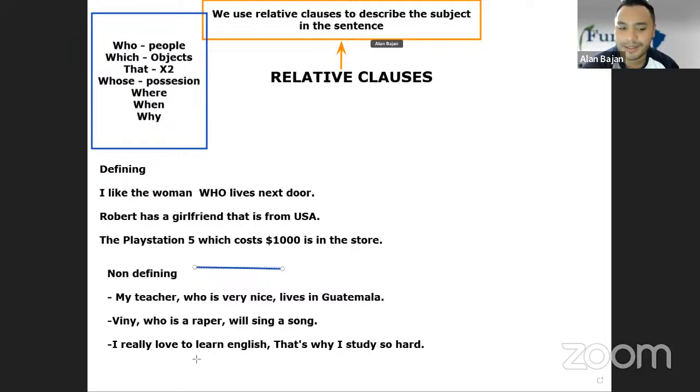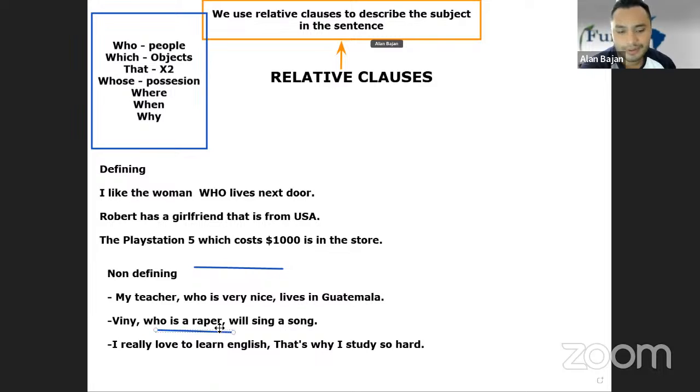Number 2, Beanie, who is a rapper, will sing a song. What is the phrase I can delete from that sentence, Fabian? Who is a rapper, right? Beanie will sing a song. But this is extra information. Who is a rapper?